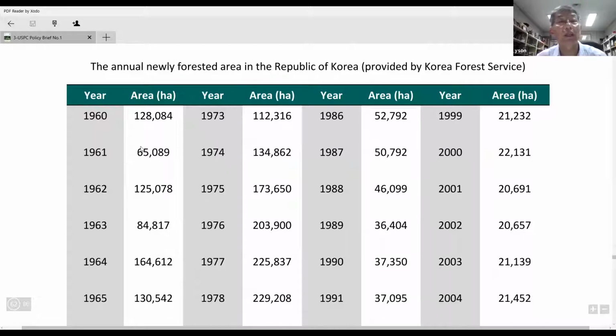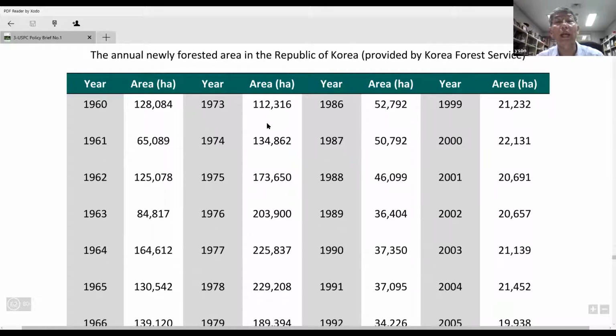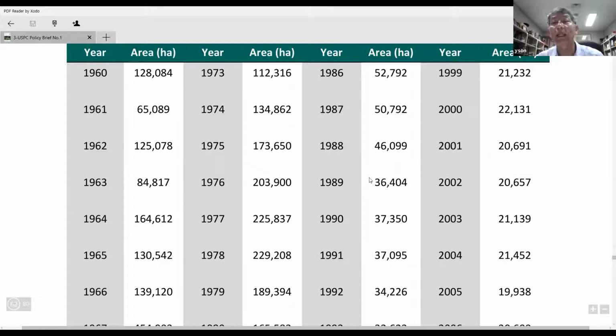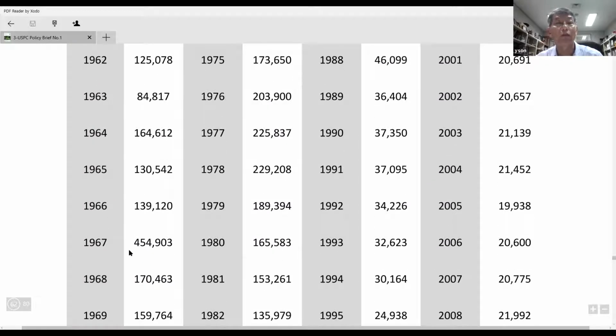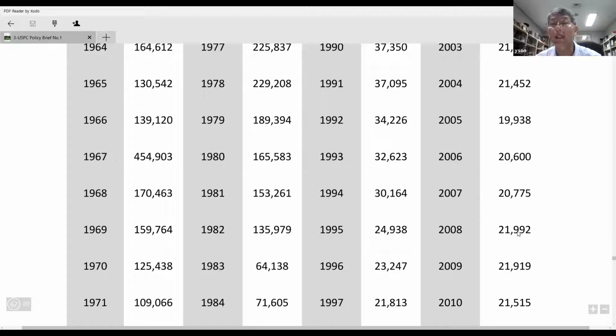In the 1960s and 70s, very high annual newly forested area, but in the 1980s and 90s, 2000, very small area. You see 400,000 hectares per year, but recently only 20,000 hectares. So intensive, rapid, intensive for a short period happened in Korea.